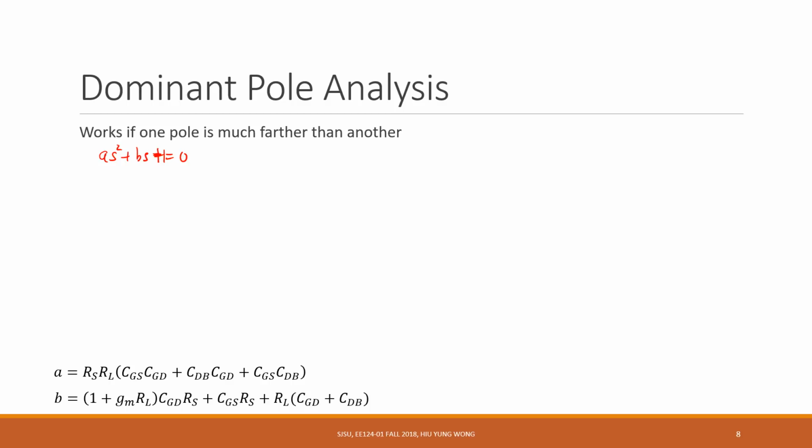First of all, this one can be written as 1 plus s divided by omega p1 times 1 plus s divided by omega p2 equal to 0. So this is not exactly correct. It's from the textbook.